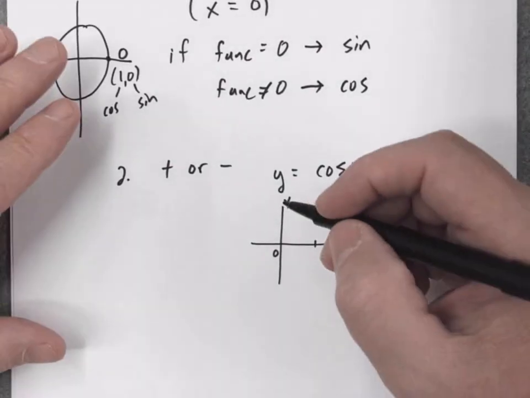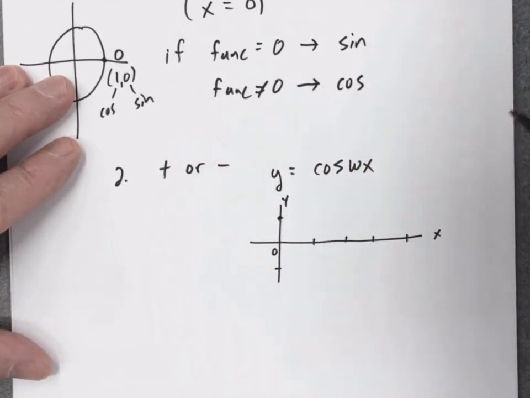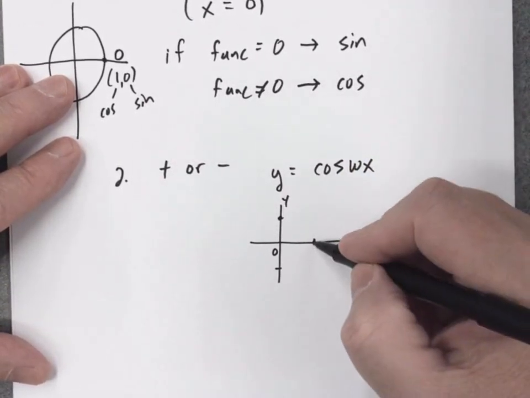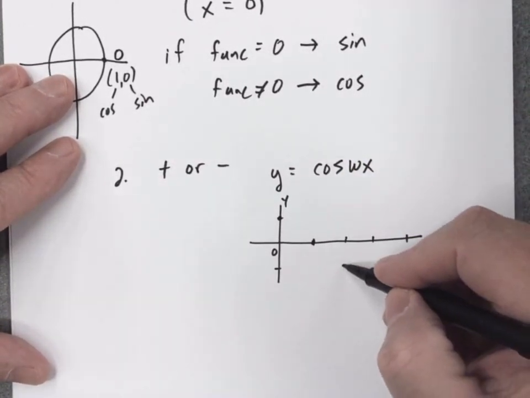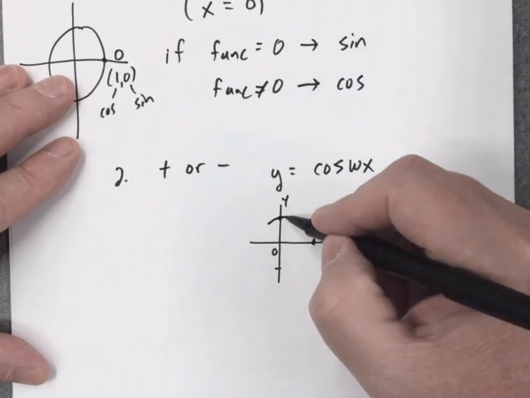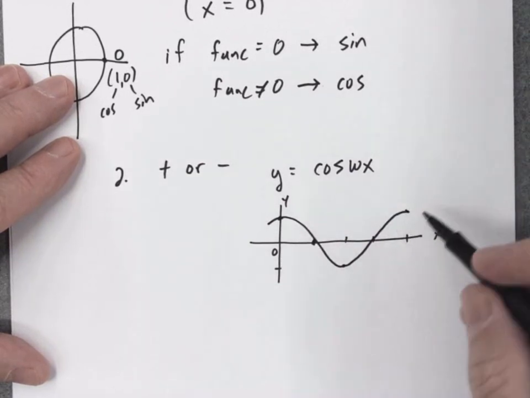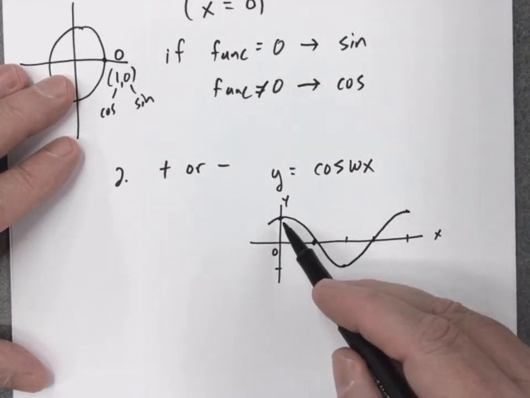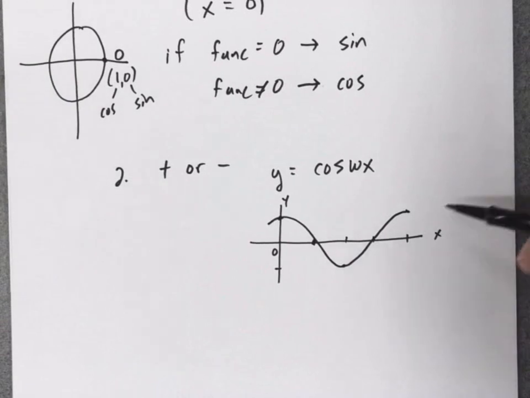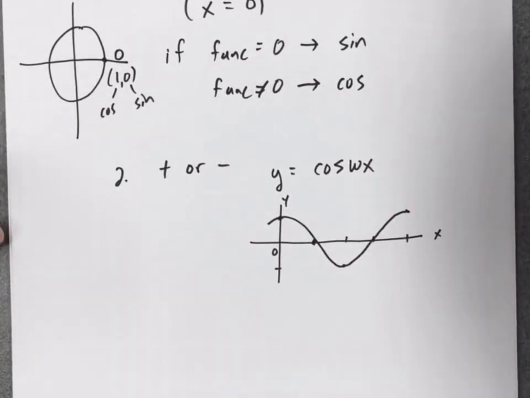That's why cosine always starts high. And then it goes to the middle, and then it goes low and back here. So here's one period, one cycle of a cosine. So you notice when you get to here, now you start repeating. So this is a standard cosine wave. And you notice this is positive here.